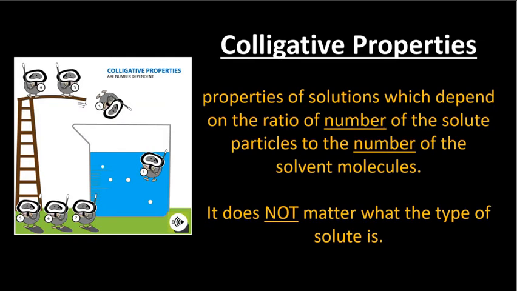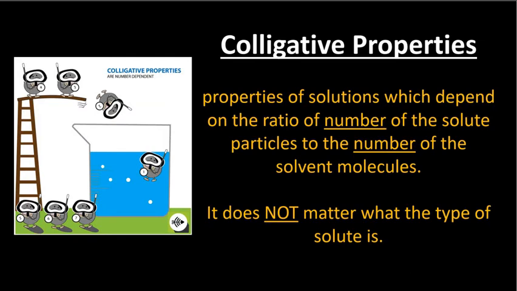Now, the big thing with this is if you have a substance that comes apart, in other words, an ionic substance, the number of particles counts as however many pieces there are. So, for example, salt, sodium chloride, becomes ions of sodium and ions of chloride. That means that for every one salt that you put in, you have two particles for every water.